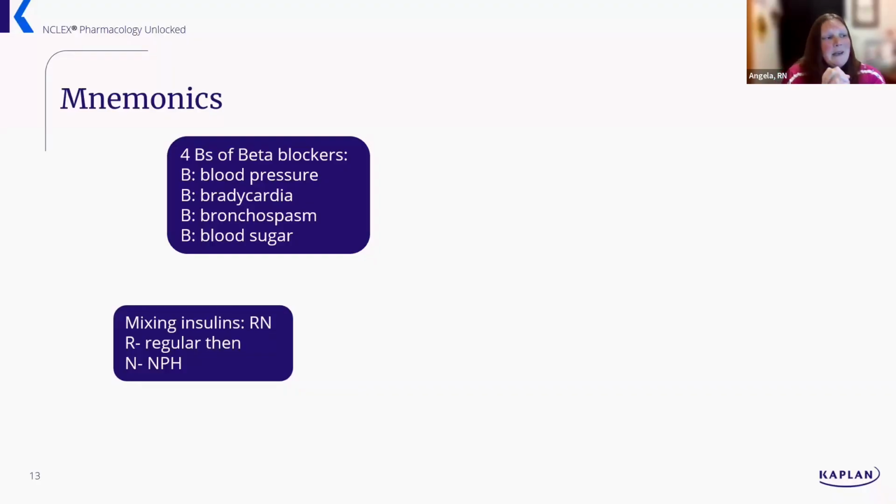All right, what about this one? The four B's of beta blockers. What are things that come to mind with beta blockers? I want you to think about four B's: blood pressure, bradycardia, bronchospasm, and blood sugar. So let's break that apart a little bit. I expect the blood pressure to decrease or at least become a bit more normalized, right? That's its action.